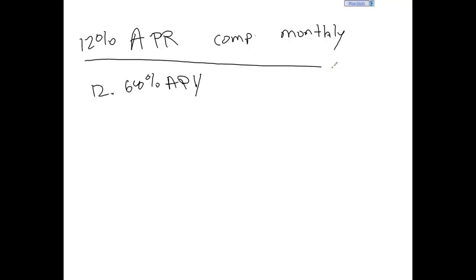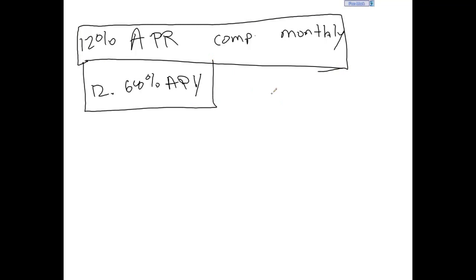So did we just play a trick on the bank? Is the bank really losing money on us? Well, oftentimes, banks seem to be reporting more and more the APY instead of the APR. Why? Well, because it's a little bit bigger. And at some point, banks realized, hey, we could probably get a little bit more business by showing them what the actual yield is instead of the APR.